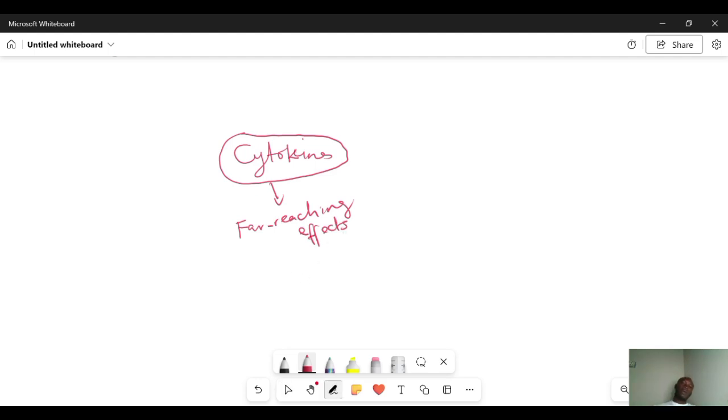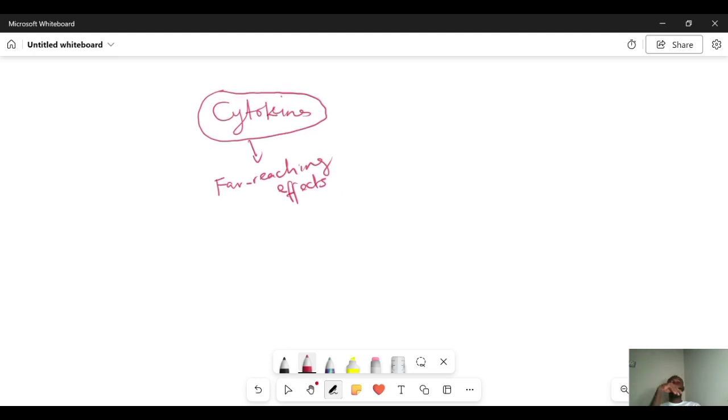All right. Now, the cytokines themselves, they act on the bone marrow, right? Now, this brings about the leukocytosis that is seen in sepsis.